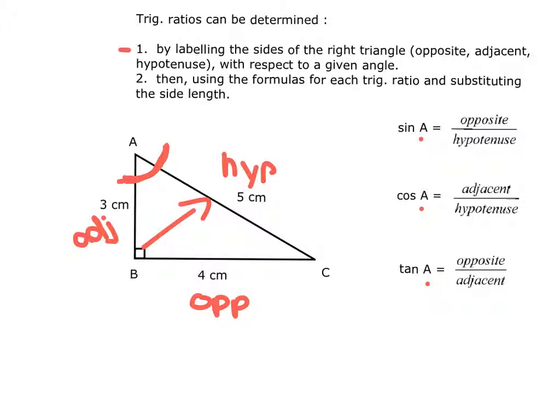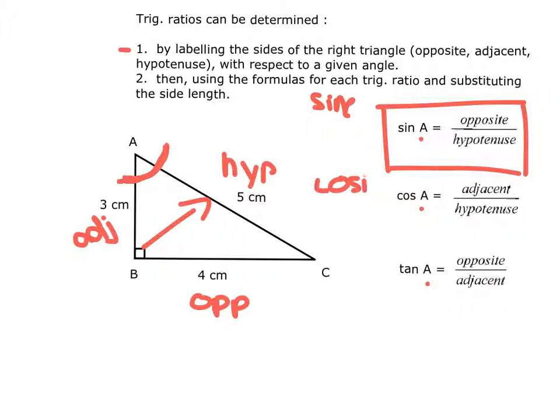So when we're talking about that, we use something called SOHCAHTOA, because these are our equations for the laws. So this is what we call sine. Sine A equals opposite over hypotenuse. Cosine equals adjacent over hypotenuse.